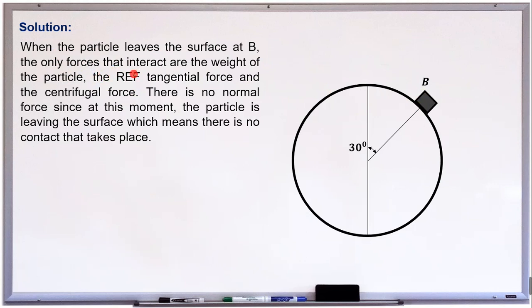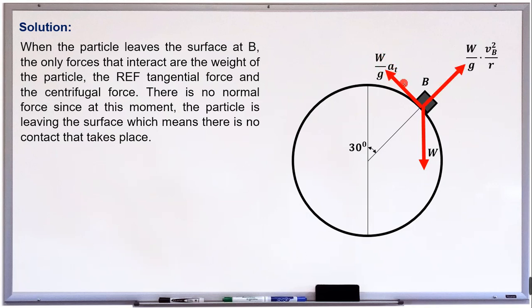only forces that interact are the weight of the particle, which is directed downwards as shown. The next one is the reversed effective tangential force, which is directed towards top left. So we have here W over g times the tangential acceleration.